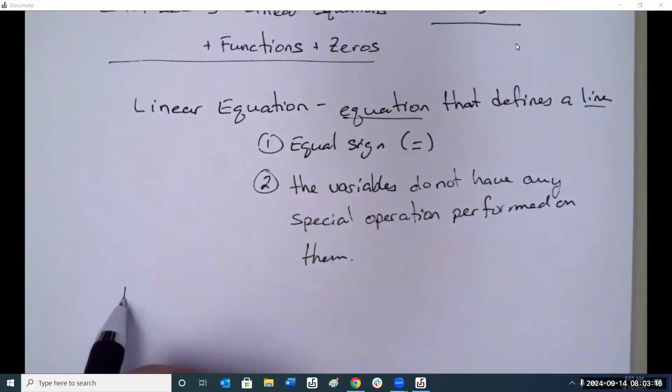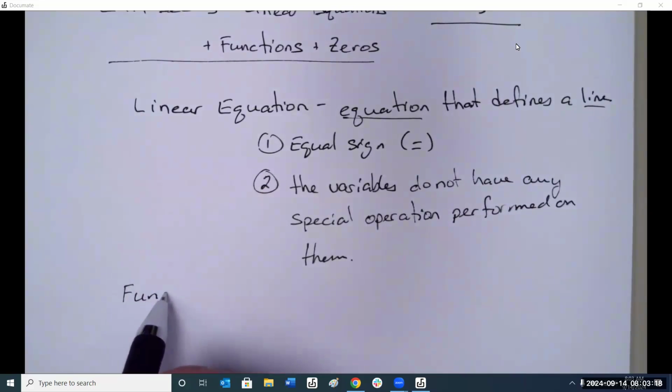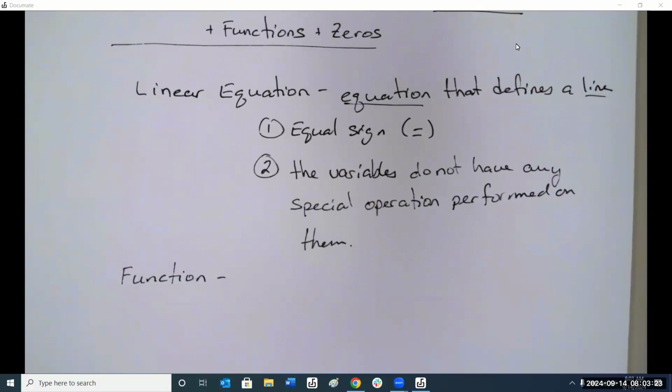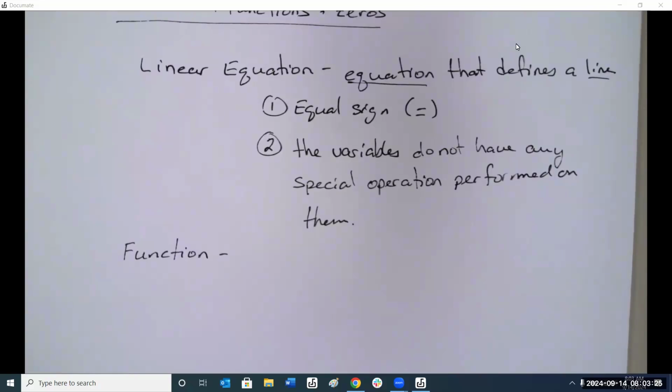What's a function? You've heard these terms before, most of you in the 6th and 7th grade, and then on out. What does a function look like?